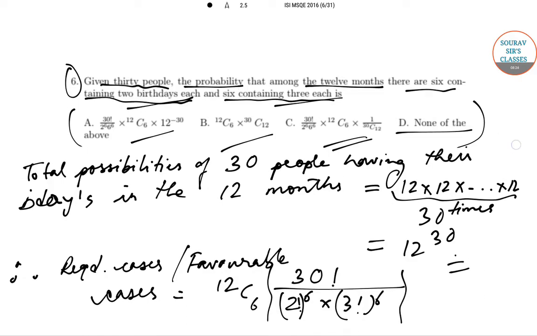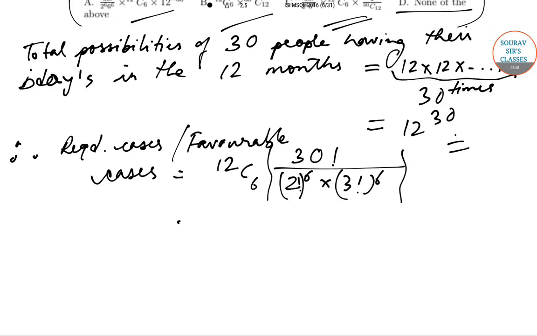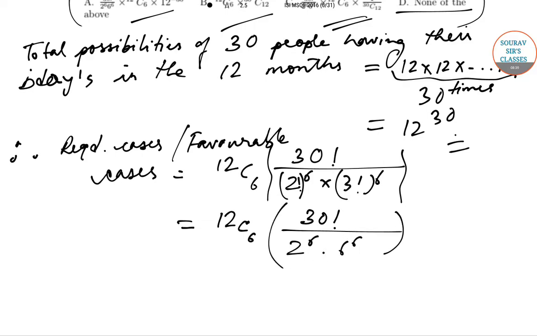Upon simplification, this will come down to 12c6 into 30 factorial upon 2 to the power 6, since 2 factorial is 2, and 6 to the power 6, since 3 factorial is 6. This is the number of favorable cases.